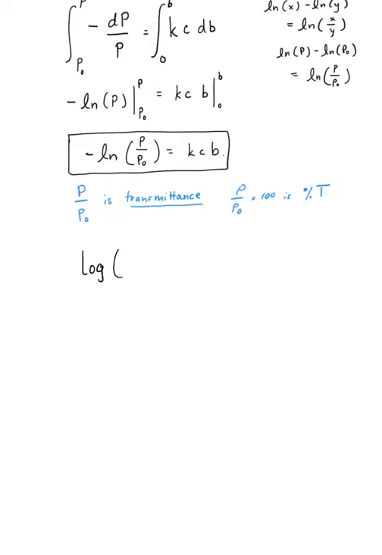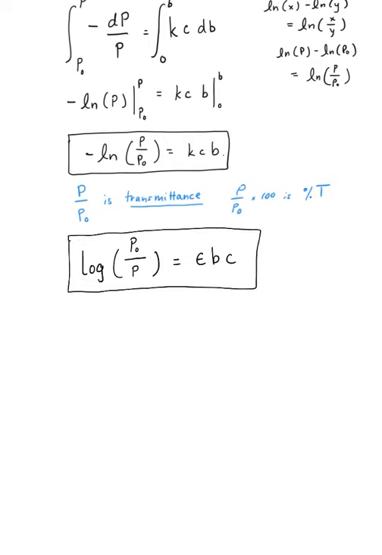As we change the base of this formula, we end up switching our fraction to get rid of our negative sign. And instead of K on the right-hand side, we'll have a quantity epsilon times B times C. This is the more important version of this integrated equation.